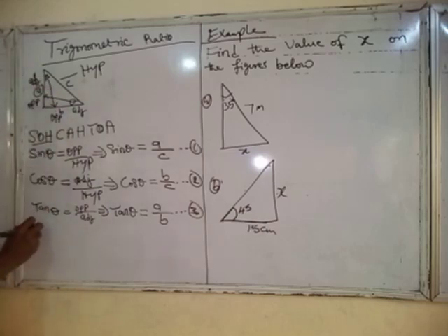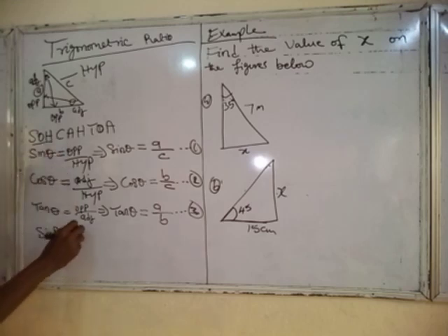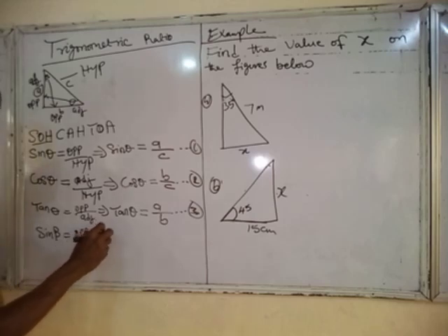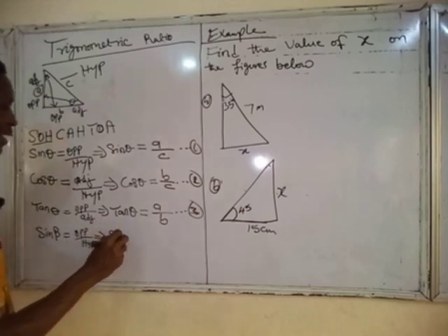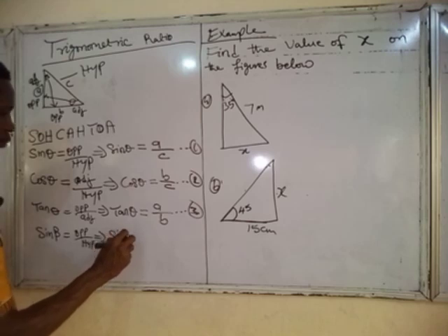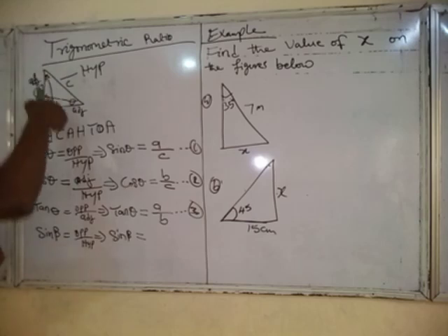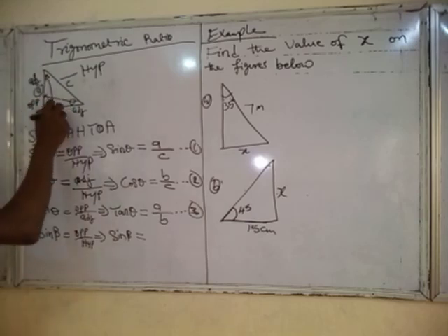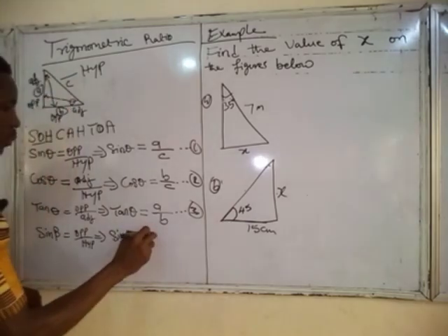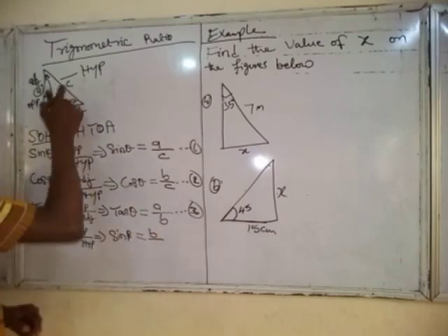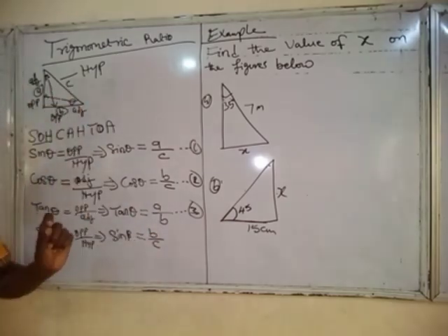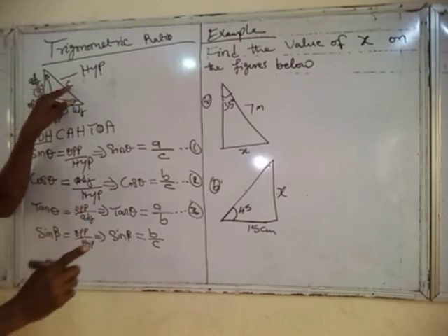So we now write the sine of beta is equal to the same thing, opposite over hypotenuse. But in this case, the sides are changing. Look at now, this is the angle we are considering. So the opposite becomes this, which is B. So this is now the opposite, B over hypotenuse, C. So you notice that the hypotenuse never changes.